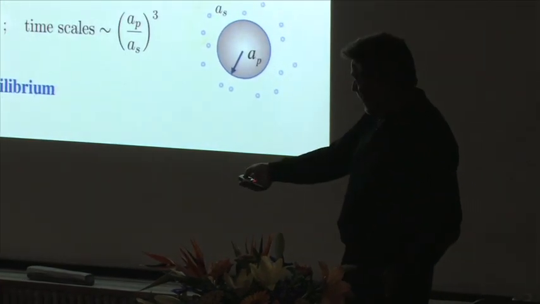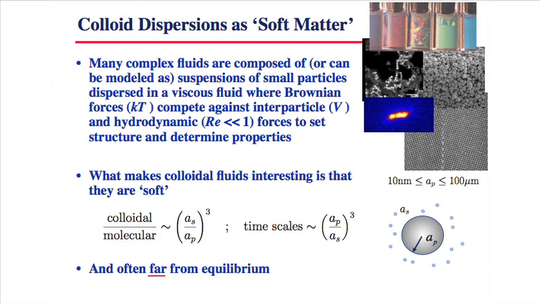And so for a colloidal material, the colloidal particles are much larger than solvent or molecular sized objects. And the ratio of the strength of a colloidal material to that of a comparable atomic material scales like the size ratio cubed. They're much weaker by that ratio just because there are fewer particles per unit volume. A very simple idea. At the same time, the time scales for their motion are much slower than the time scales for molecular systems, and that also scales like the size ratio cubed.